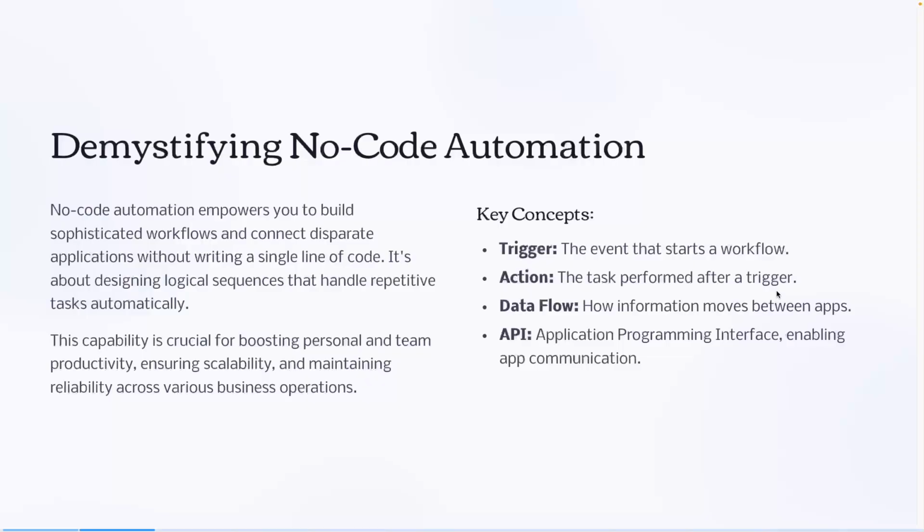All right. So key concepts, whether it is make.com or Zapier, the key concepts are the same. There is a trigger which starts the workflow, and an action which follows the trigger, so the tasks that have to be performed after the trigger occurs.